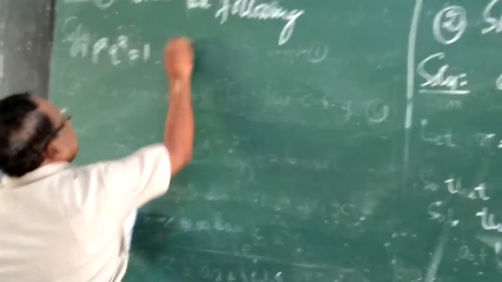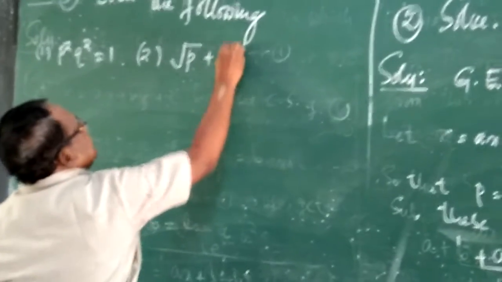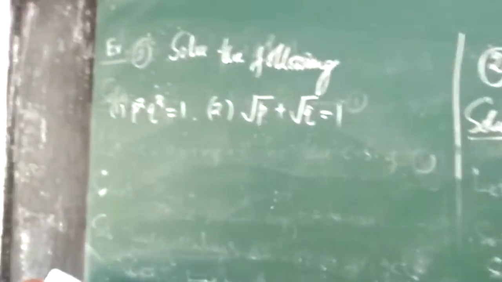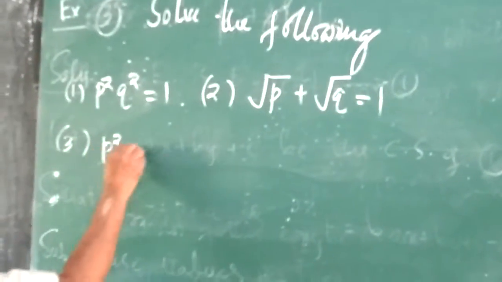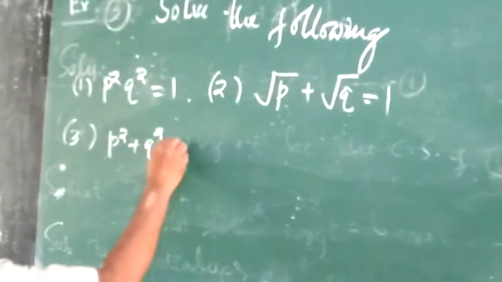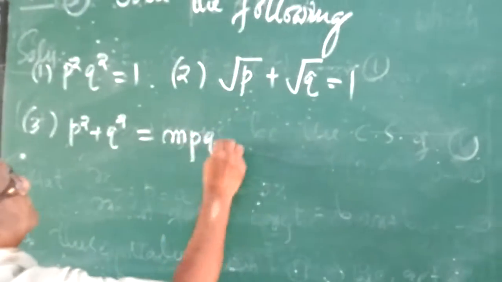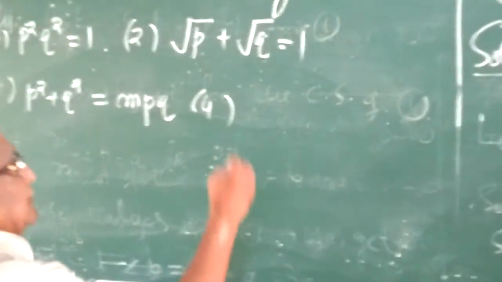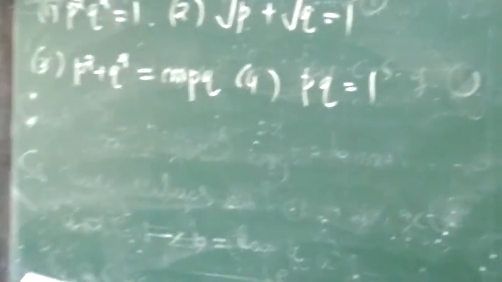Next, example 2 is root p plus root q is equal to 1. Third one is p squared plus q squared is equal to m into pq. Fourth one, pq is equal to 1.